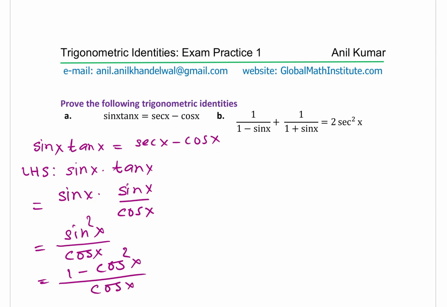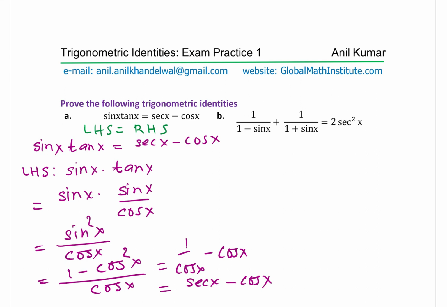Correct? Now we could write this as 1 over cos x minus cos x, which is the same as the right hand side, since 1 over cos x is secant x. So we have secant x minus cos x, and we have shown that the left hand side is equal to the right hand side.